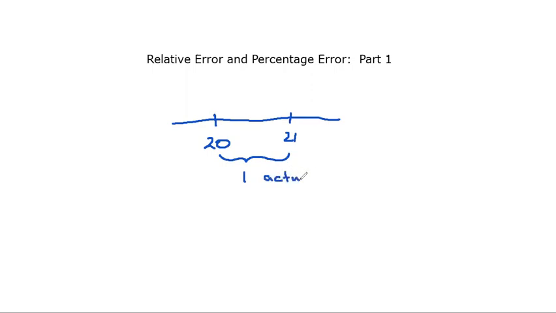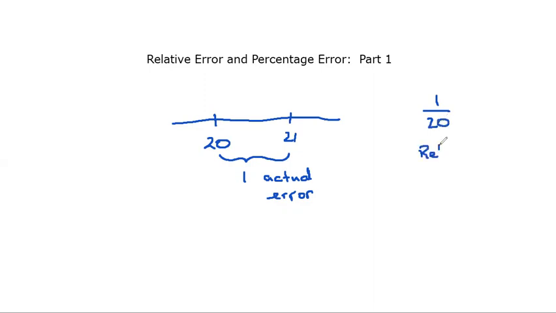Let's write this here. Actual error. And something that we call relative error is to say, well, the actual error, you're off by 1 compared to the true length, which we know is 20. This is what they would call relative error.